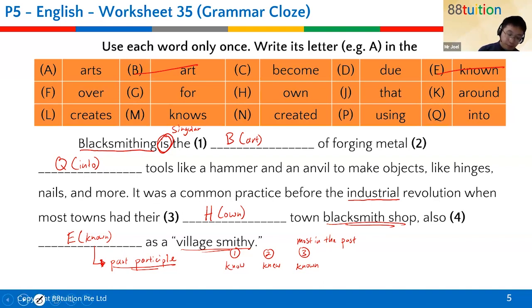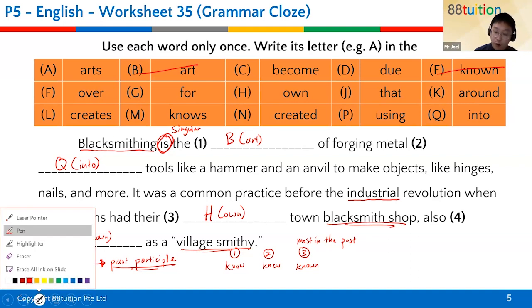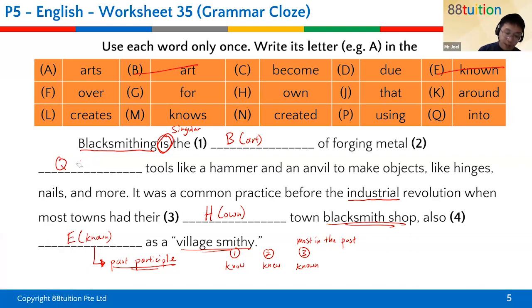You know what? Of forging metal into tools like a hammer and an anvil to make. Oh, no. Sorry. My mistake. Didn't read it properly. Question 2. The answer is actually P. It's my mistake. So they use the hammer and the anvil to make the objects like hinges and nails.